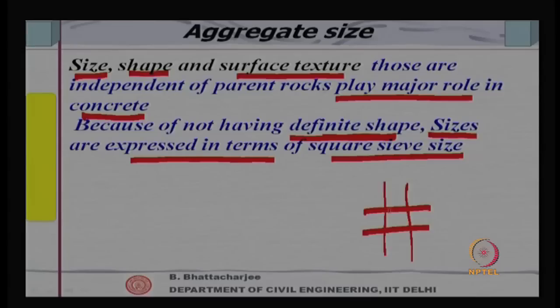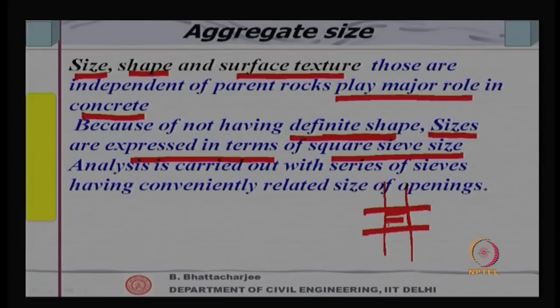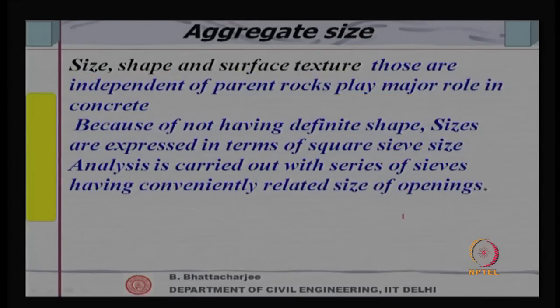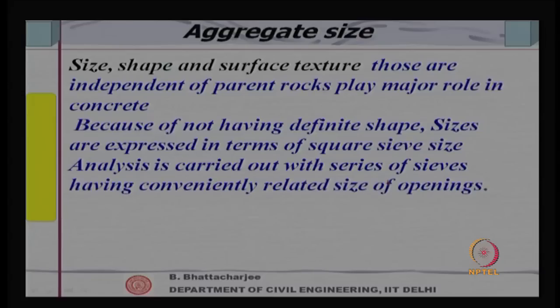Their sizes are defined in terms of square sieve size. So, you have square sieves, and the size we talk about is the square sieve side length. Basically, we do what is called sieve analysis, allowing the aggregate to pass through square meshes or sieves, normally a series of sieves, and the aggregate size is conveniently described in terms of the size of the opening.